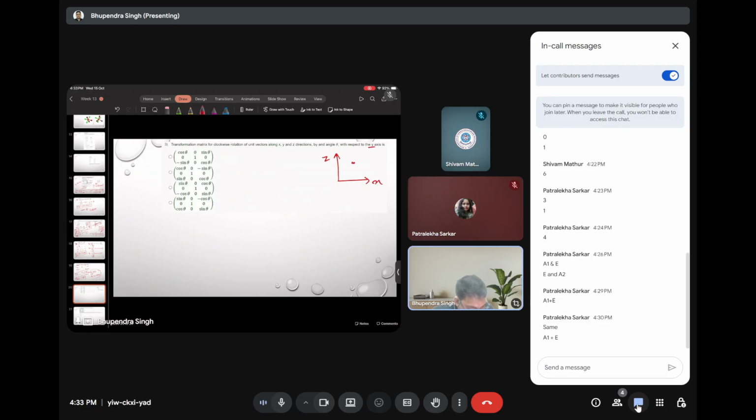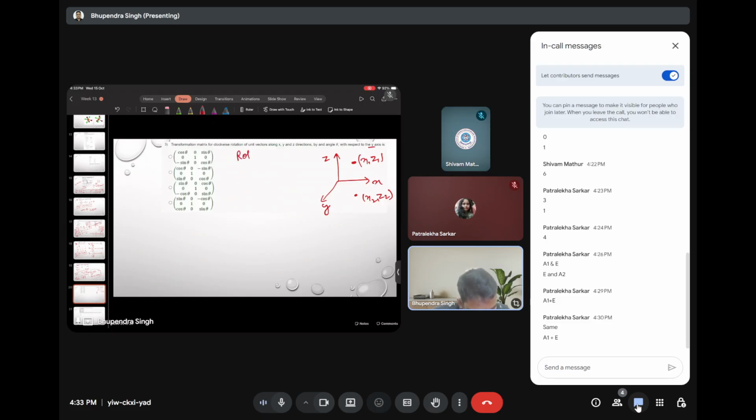Let's say this was your point, with coordinates x1, z1, and after the rotation x2, z2.